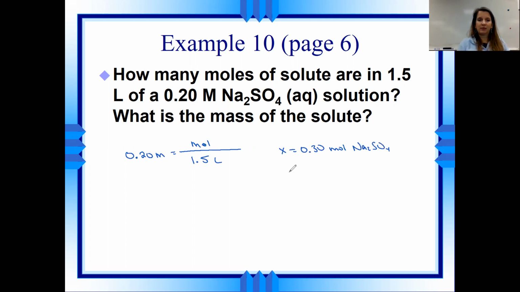Now, in order to find out how many grams, I just have to do a simple mole to gram conversion. So 0.30 moles of Na2SO4 times 1 mole down here on the bottom, because I need to put my molar mass up on the top.